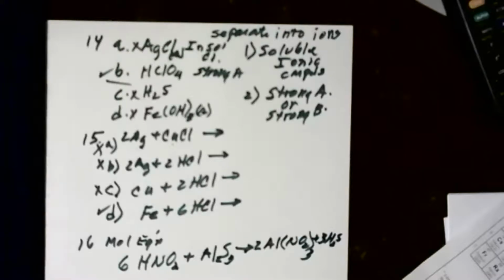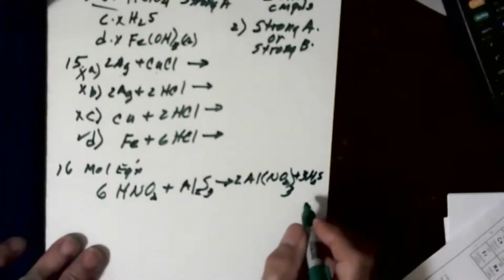All right, so here's the pad. This is the reaction right here that we're going to try to write the net ionic equation for. So I've got to know what separates. HNO2 is a weak acid. It does not separate. So I'm going to write 6HNO2 aqueous.